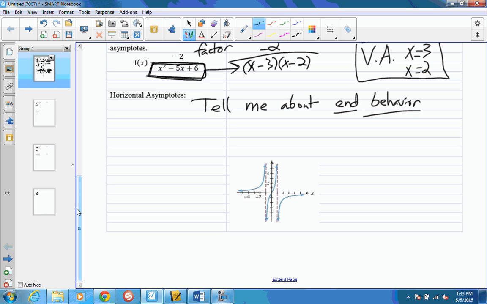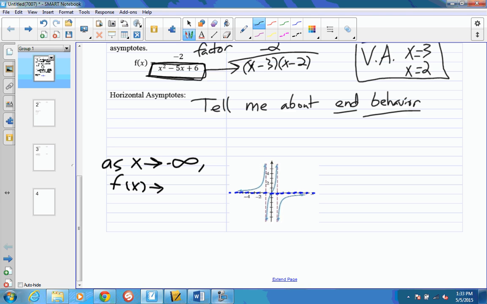So on this guy, I've got one horizontal asymptote, right? Where is he? He's at 0. Okay. So I'm not going to ask you to do this, but remember how we used to talk about end behavior? As x approaches negative infinity, f of x approaches what? So as I'm going towards negative infinity, what does y, or f of x, get really close to? 0.